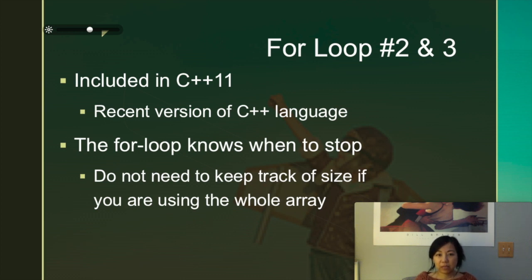And so if this for loop goes through the whole thing, but you actually don't have anything in the last 20 elements, because you didn't put in any value, then this for loop might not be for your purpose, right? So be aware when you use this particular for loop.